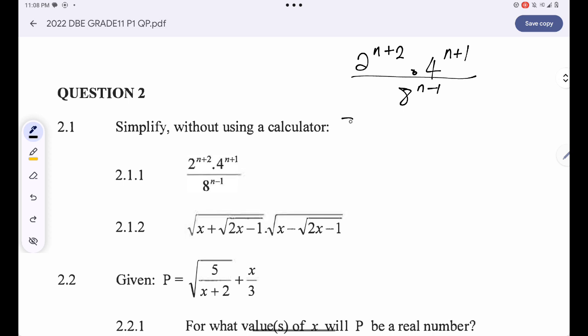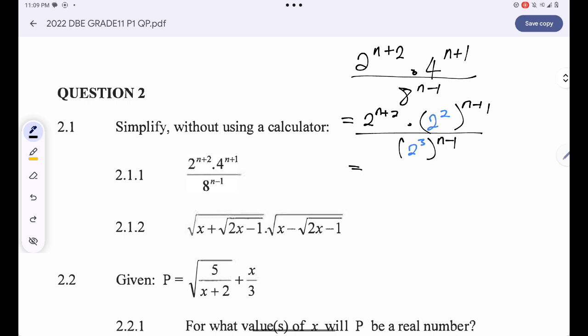Okay, so this is equal to 2 to the power 2n plus 2 multiplied by 4 to the n plus 1. I know that 4 can be written as 2 squared, so I'll just substitute 4 and write 2 squared, and then I still have the exponent, and I have 8 as well. 8 can be written as 2 to the power 3. Remember that I still have the exponent n minus 1.